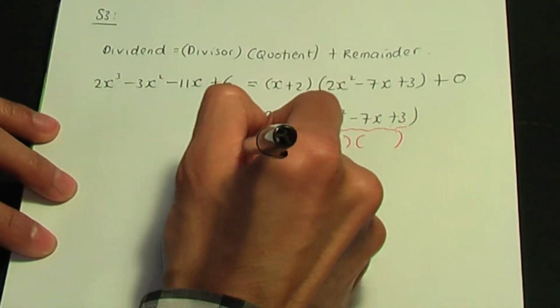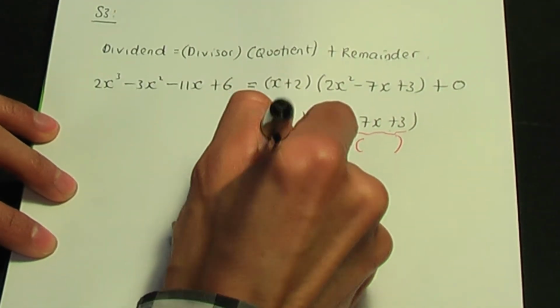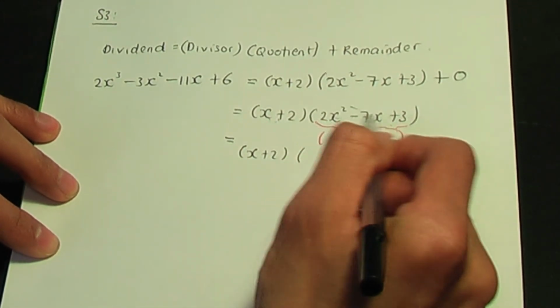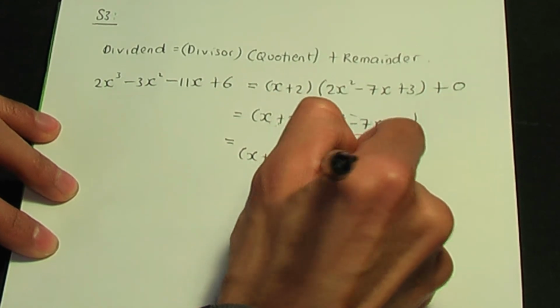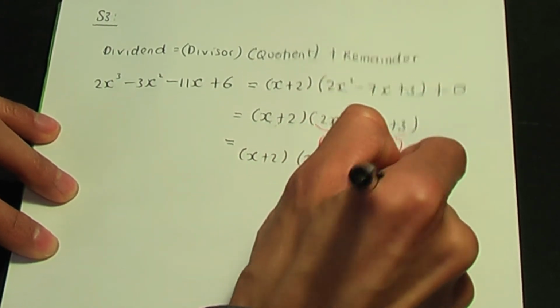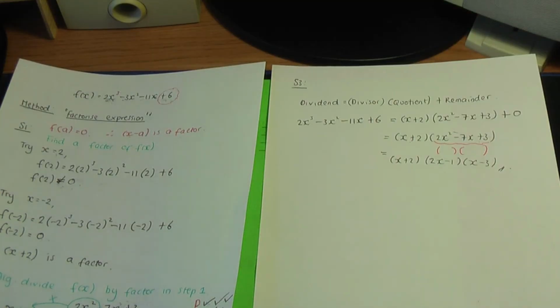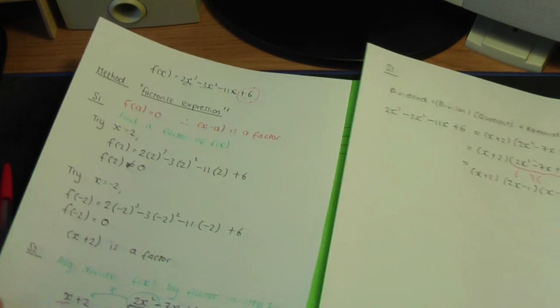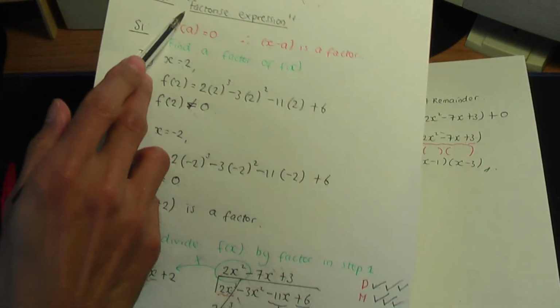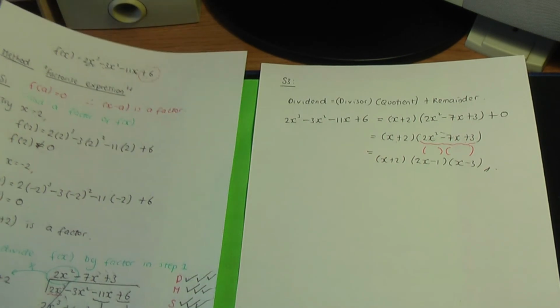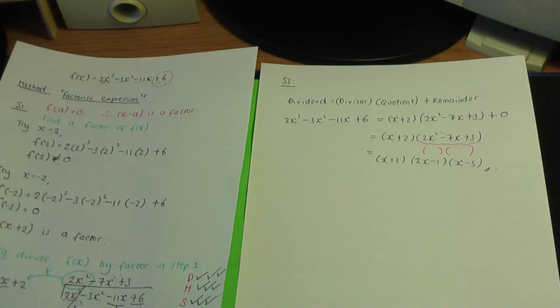So we have x plus 2 from here, and if I factorize this quadratic, the factors are 2x minus 1 and x minus 3. So that completes this example, and that explains the method in particular of how we factorize the expression into 3 brackets.